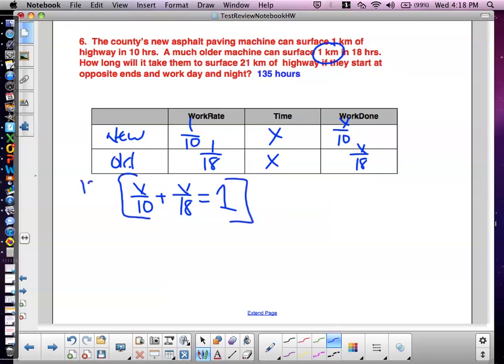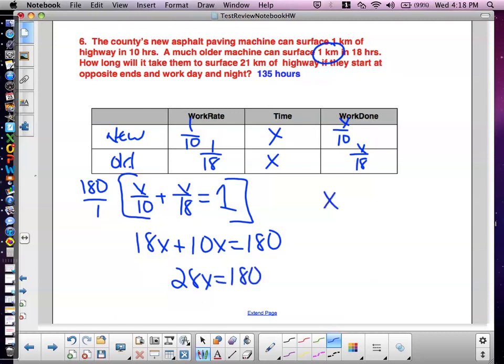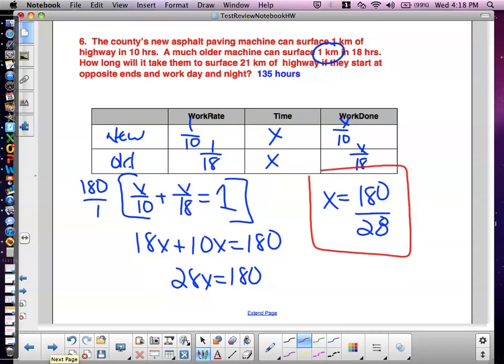I used a common denominator of 180. And then my interpretation of the problem was like this. I will explain how I interpreted the problem. So this represents covering 1 kilometer of highway.